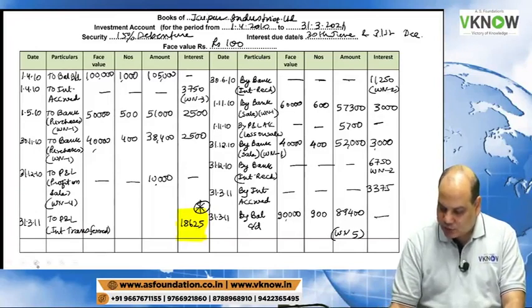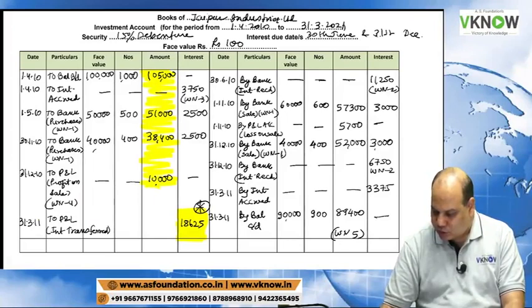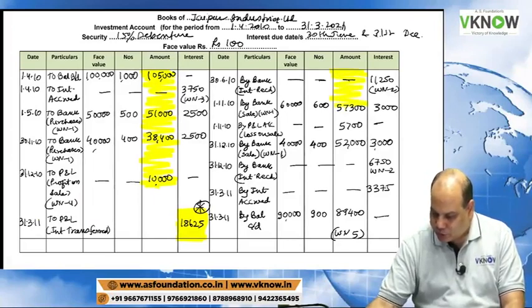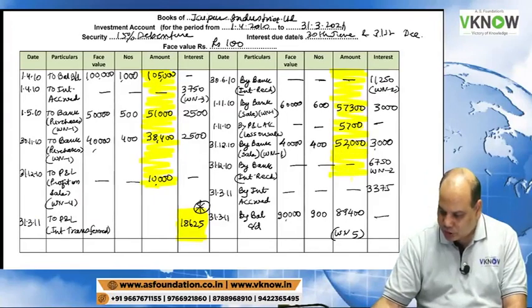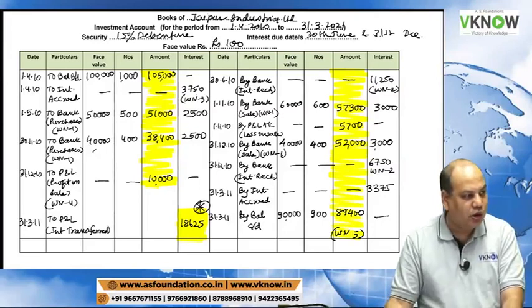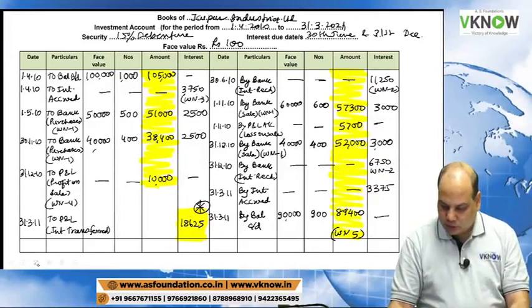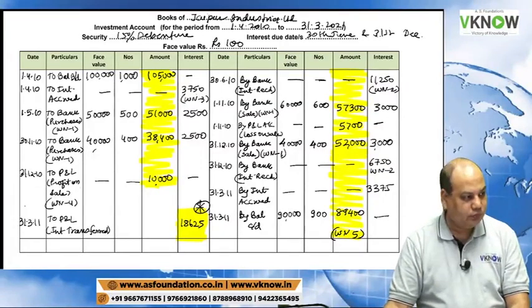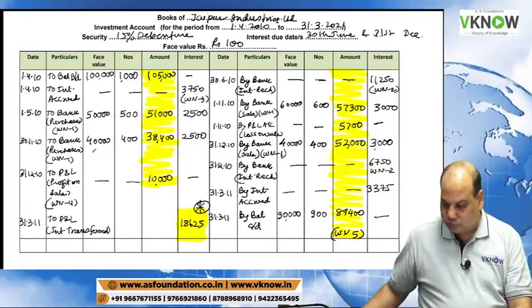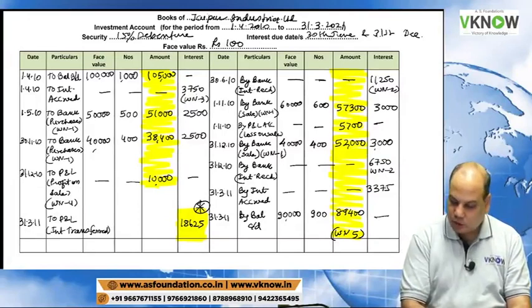Now just check whether the amount column is tallying or not. Please take the total of the amount column because it should also tally. I request all of you to tell me the amount column total. The amount column also we have to balance.